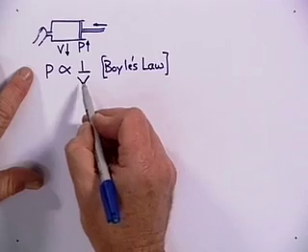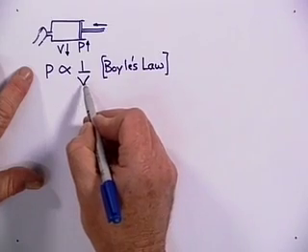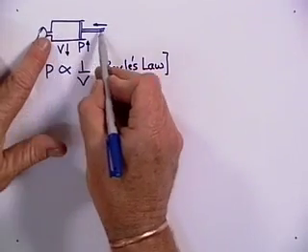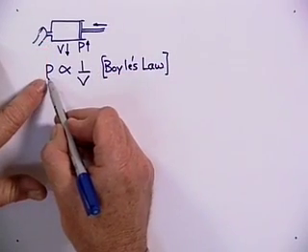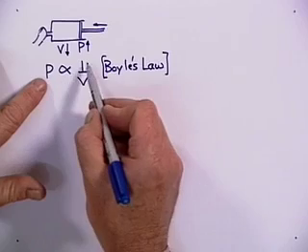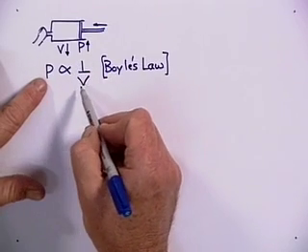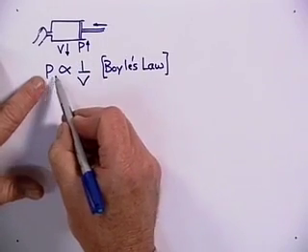If I double the volume, in other words take the plunger out and double the volume, then the pressure will halve, because the pressure is proportional to 1 over 2V.